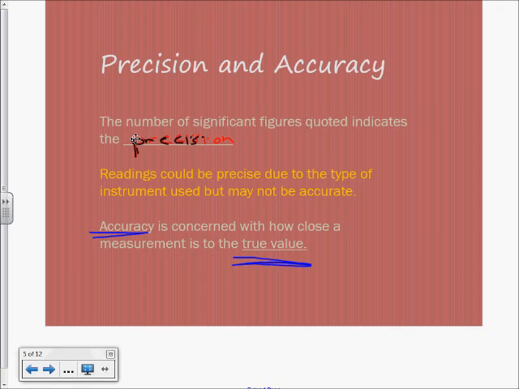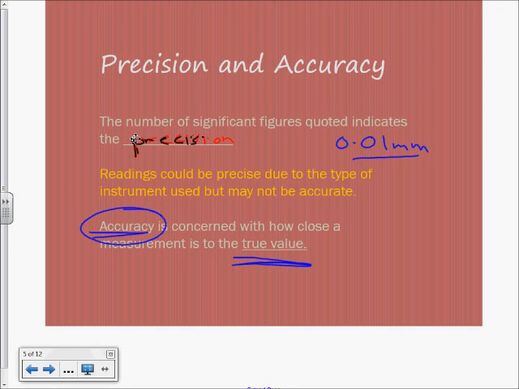So it is possible, for example, with a micrometer screw gauge, to get a reading to the nearest 0.01 of a millimeter, so it will be precise. But let's say that micrometer screw gauge has got a zero error in it. If there was a zero error, it would mean that all of the readings would be out by a certain amount, and therefore we might not necessarily be accurate.